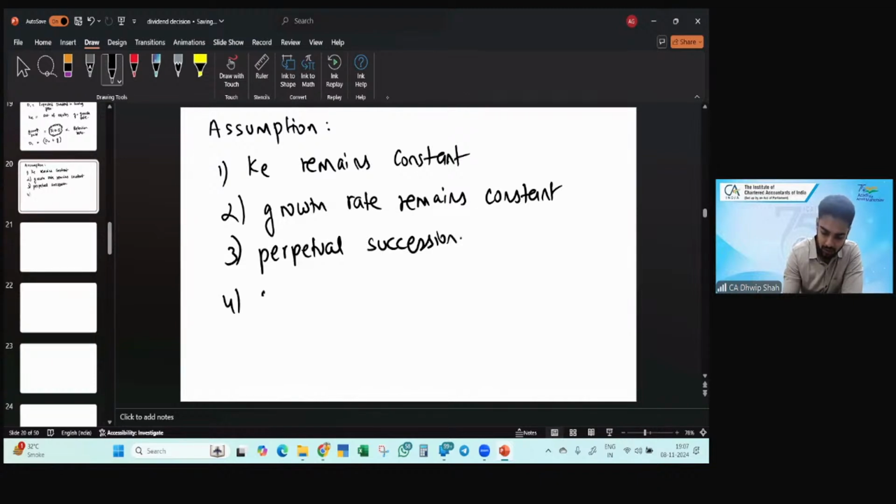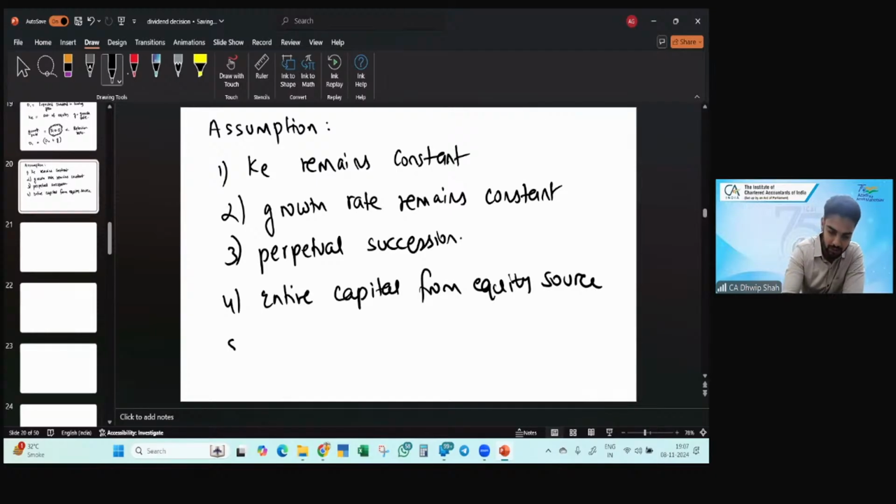Fourth is entire capital from equity source. Last but not the least, this is very, very important. KE should always be greater than G.